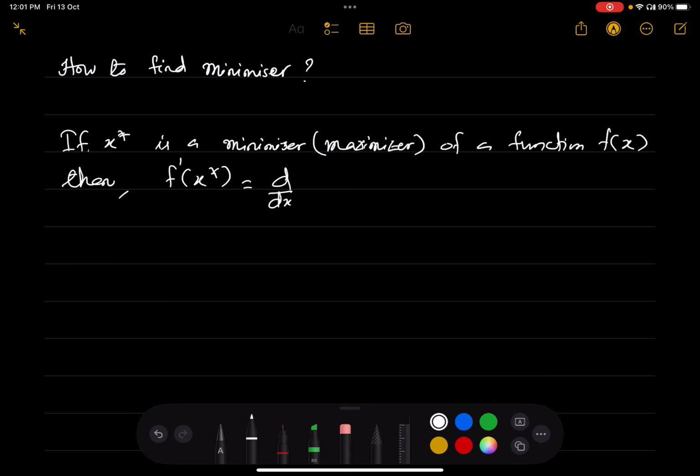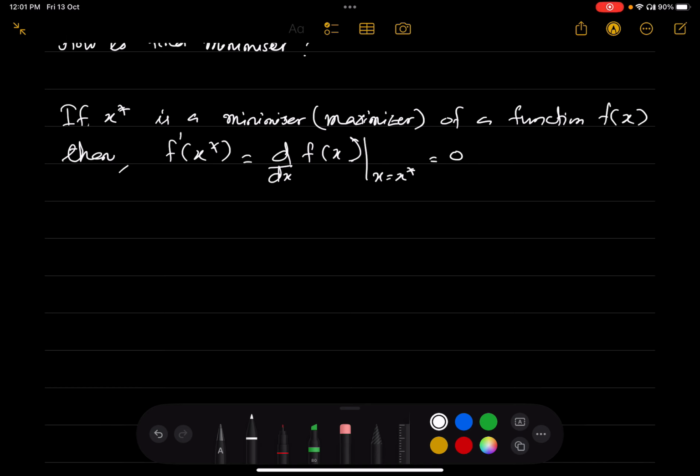That means if you take the derivative of the function and put x equal to x star, that will be 0.